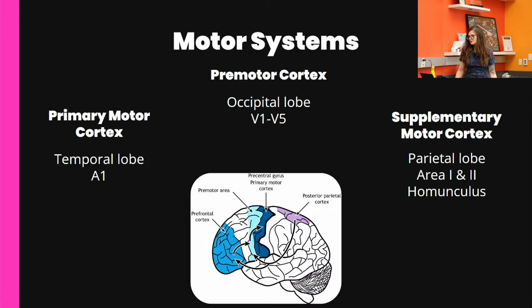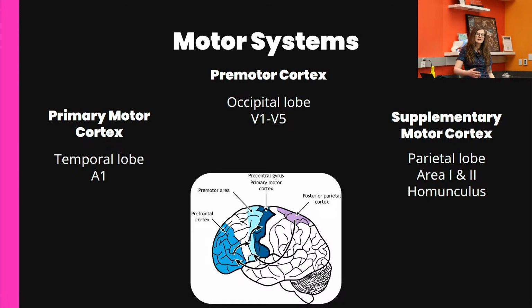And then this communicates with motor systems too. So we have cortices like the primary motor cortex, and this is involved in things like proprioception, which is where your body is in space. I know I just said that, but it's the feeling of your body and the movement of where your body is, the muscle contractions.